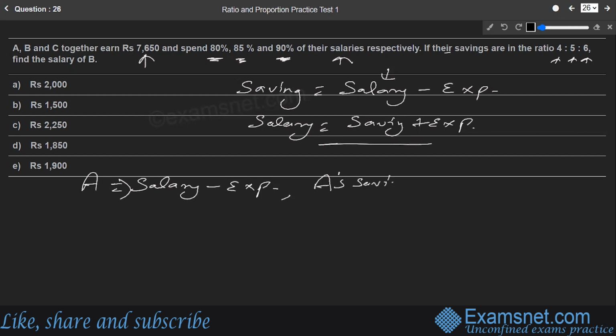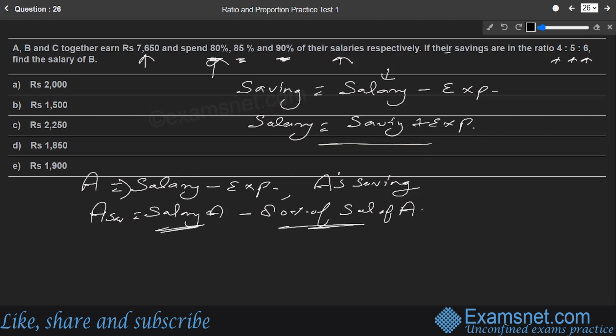For A, who spends 80% of his salary, the saving is salary of A minus 80% of salary of A, which is nothing but 20% of A's salary. That will be A's saving.